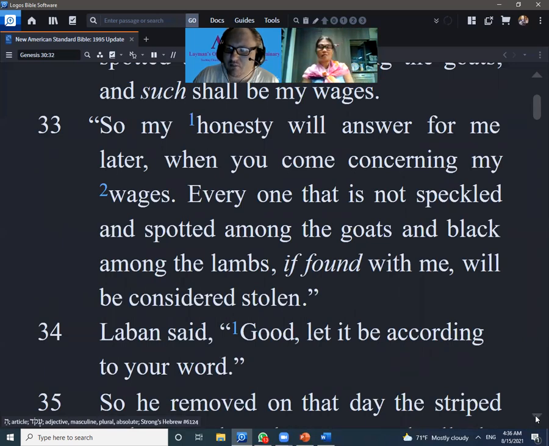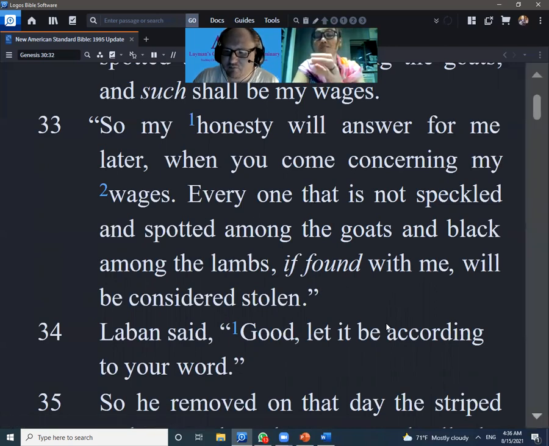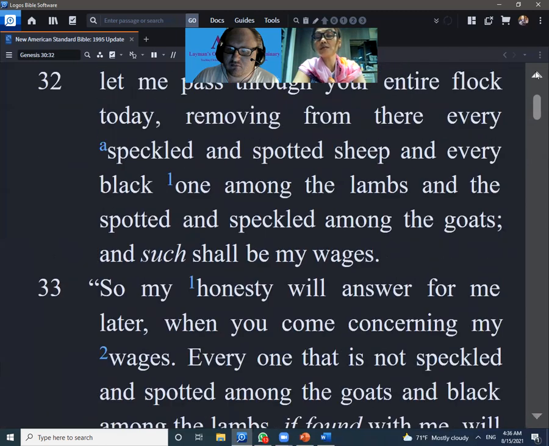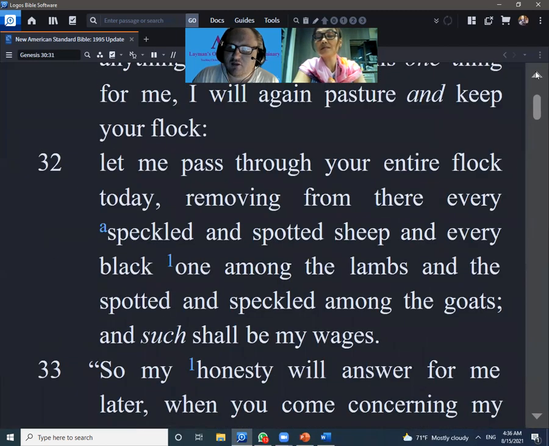All the ones that are speckled and spotted. So he's saying, I'll give you all the pure colored ones, basically, and you give me all the ones with spots and all of that stuff. So yeah, it's opposite. Before, the spotted is for Laban, because that's what Laban chooses to have spotted, right? That hasn't happened yet.